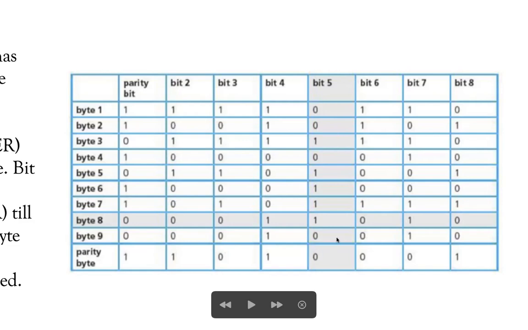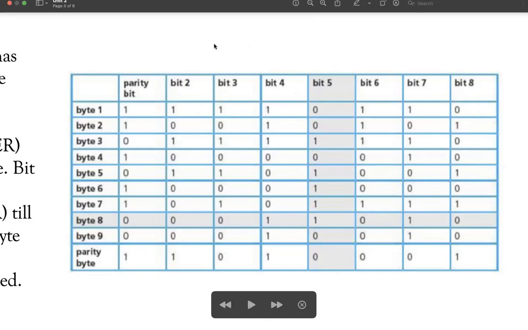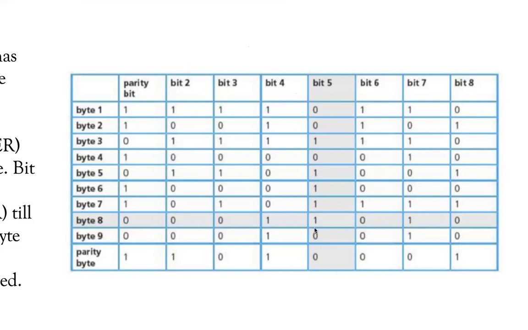It's not even parity. So what that means is that my byte 8 was not following even parity, and my bit 5 is not following even parity. So basically what that means is that bit 5 of my byte 8 is not right. There's something wrong with this.